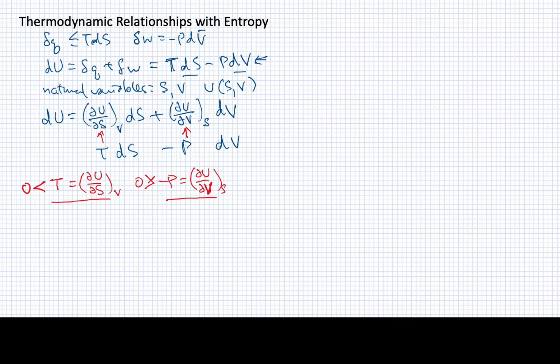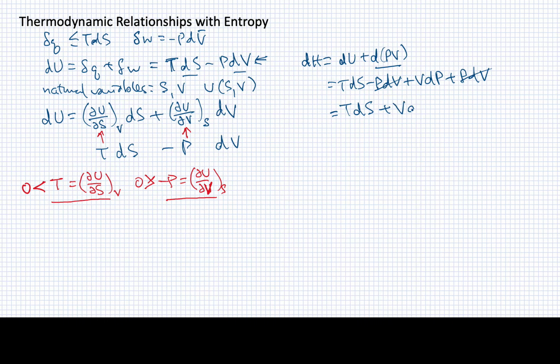Now I could do something very similar for enthalpy, and remember that enthalpy is simply related to dU plus d(PV), which is going to be TdS minus P dV, and then the derivative here is going to be plus V dP plus P dV, and these two things cancel, so I find that dH is TdS plus V dP.